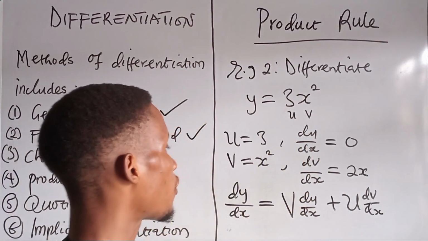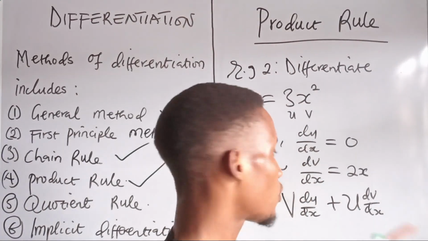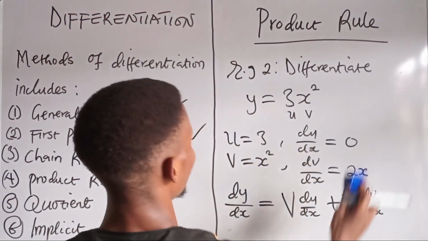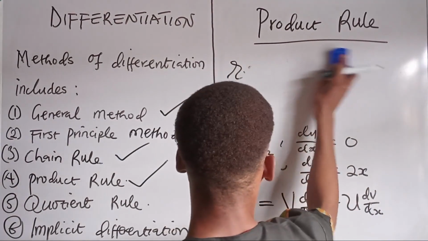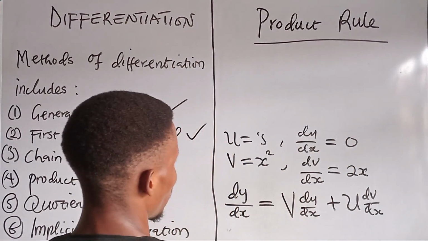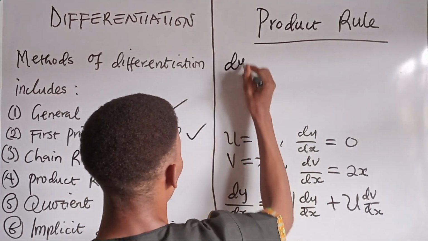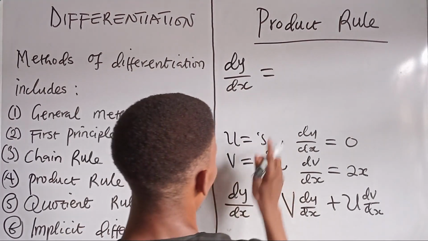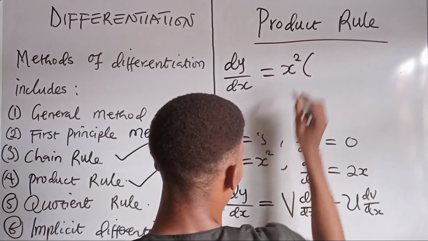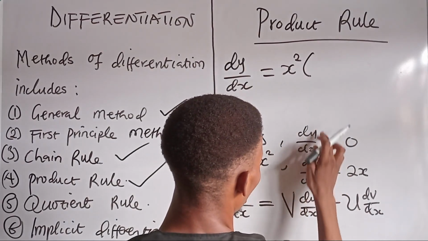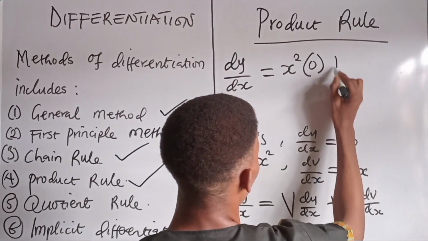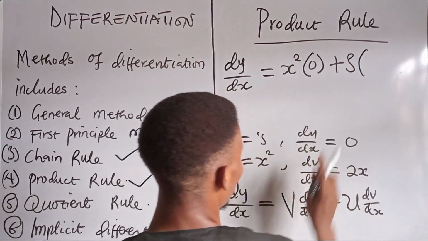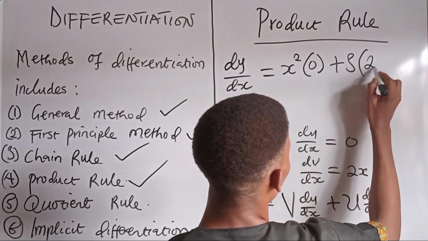So now we can substitute the values of u and v and that of du over dx and dv over dx. Doing that, we're going to have dy over dx is equal to our v, which is x squared, multiplied by du over dx, which is 0, plus u, which is 3, times dv over dx, which is 2x.